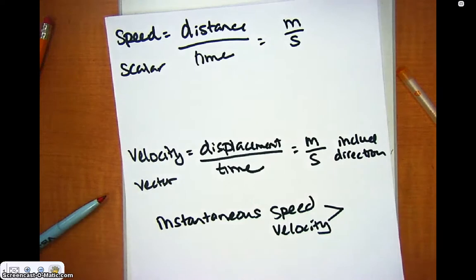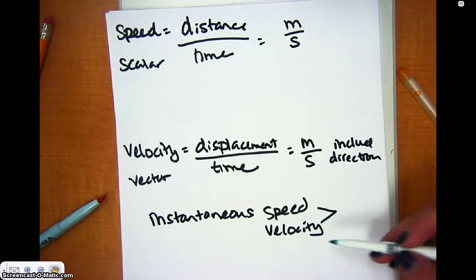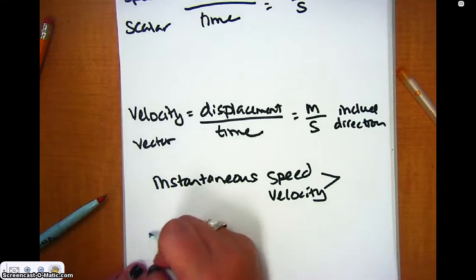This is what it would say on your speedometer. Exactly how fast are you going right now at this position. But we also have the idea of the average speed or the average velocity.